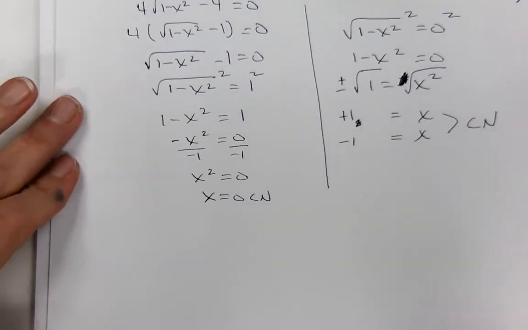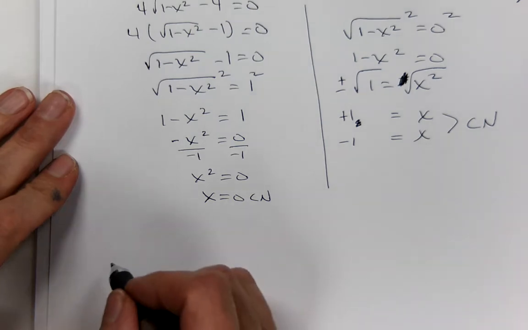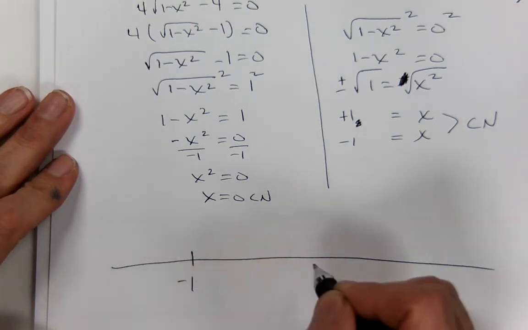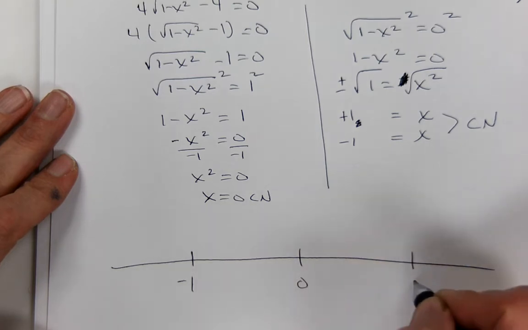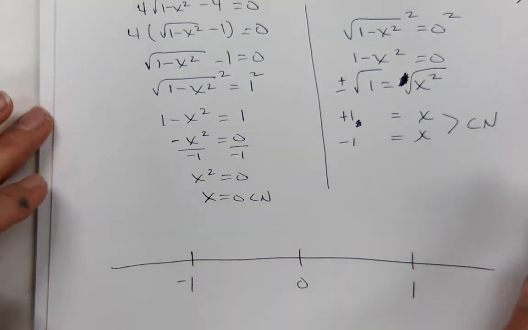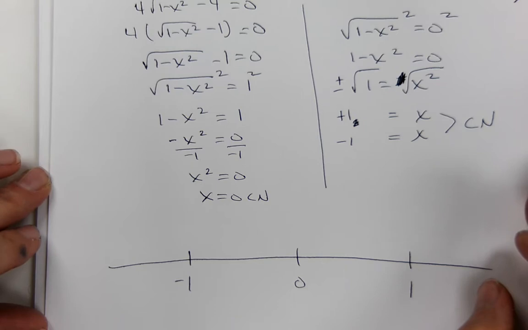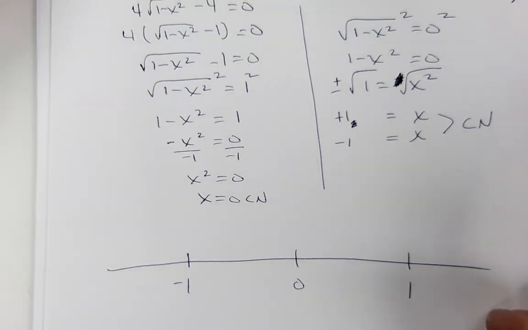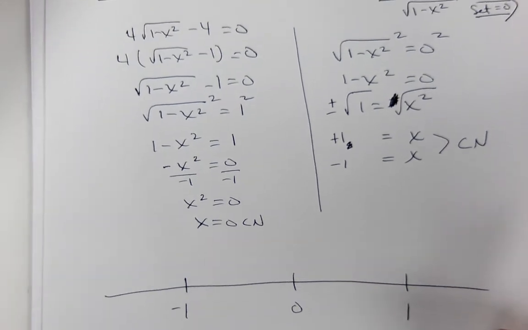So when you set up your interval, you're going to have negative 1, 0, and 1. And I need to look back and make sure these really are critical numbers, because it looks like I'm going too fast, and it's easy to do that. So 0 is a critical number.